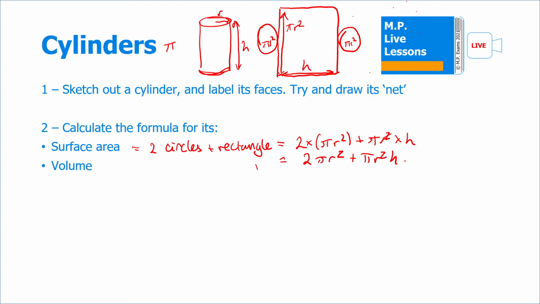And for the volume, to understand it, it's like a prism almost. So the prism is like its cross section, which is the circle times its length.